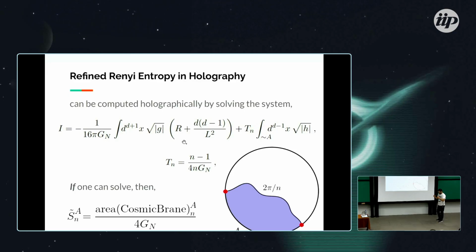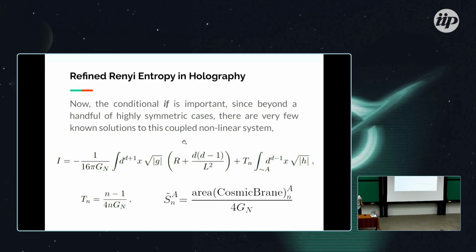So suppose I have this gravity problem. It's a nonlinear coupled gravity problem, but suppose I have the solution. The prescription tells me that I can compute the refined Rényi entropy as the area of the cosmic brane that is sitting here inside the bulk, which in general will be a highly non-trivial function in n.